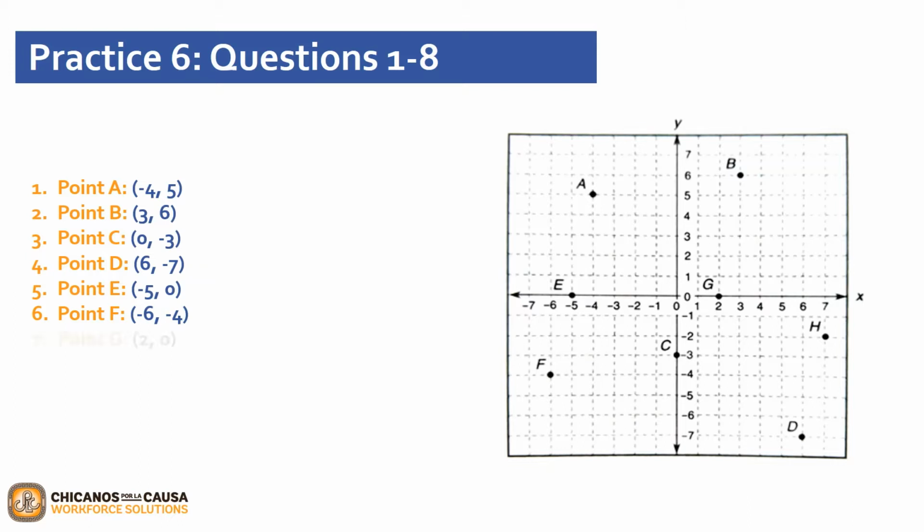That means the ordered pair is 2, 0. And lastly, letter H. H is located 7 spaces to the right along the x-axis and 2 points down along the y-axis, meaning that the ordered pair is 7 and -2.